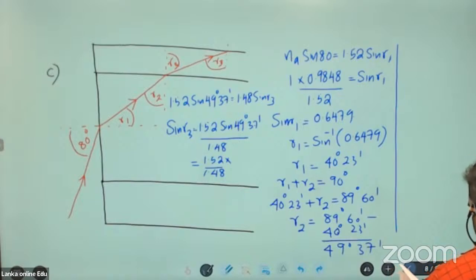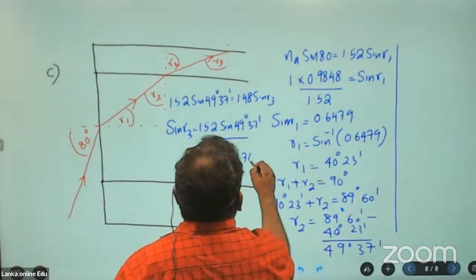I'll just take the rounded-off value and work. It is 0.7615.